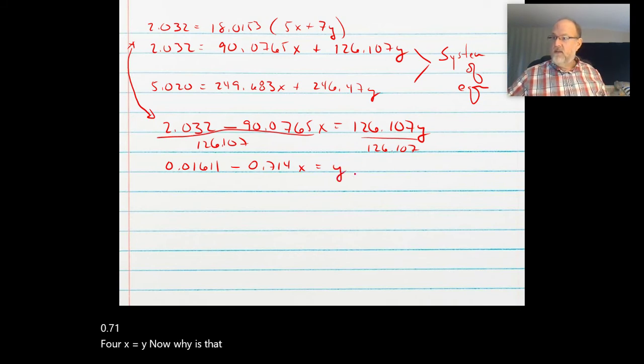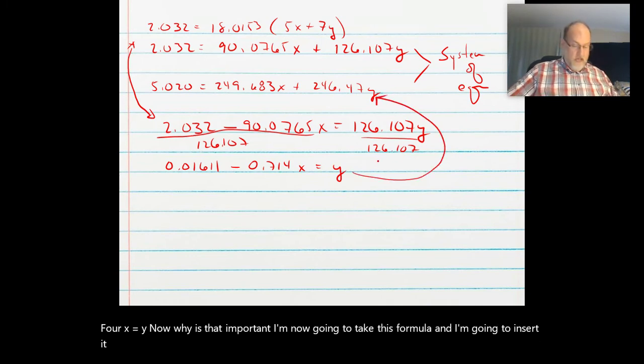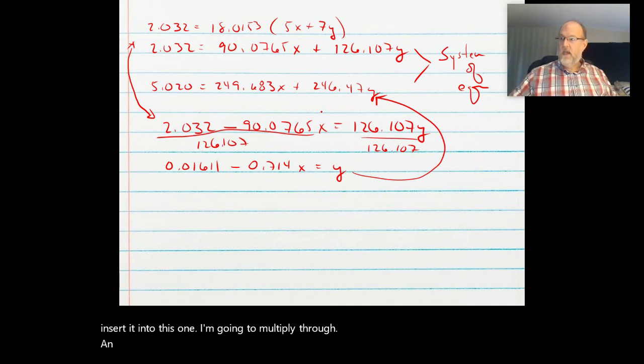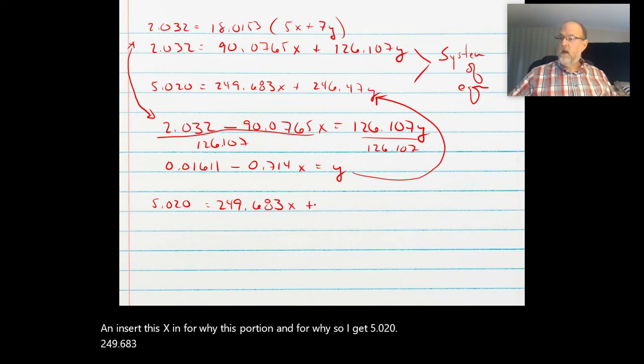Now, why is that important? I'm now going to take this formula and insert it into this one. I'm going to multiply through and insert this expression in for y. So I get 5.020 equals 249.683x plus 246.47.